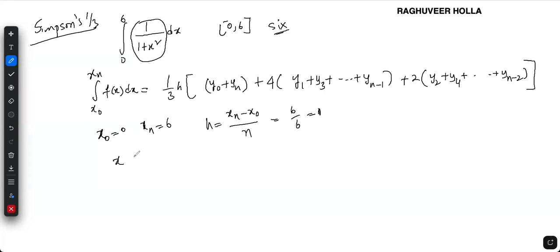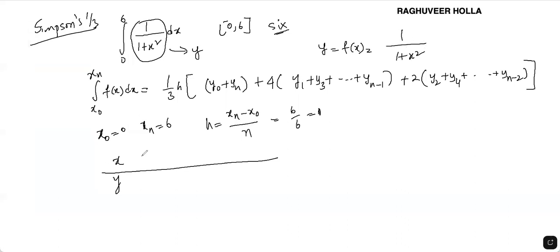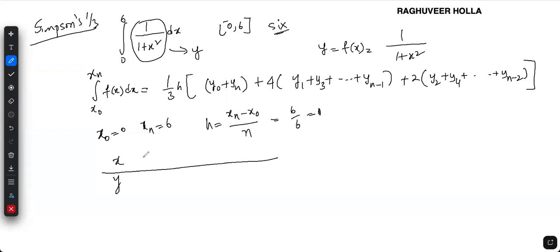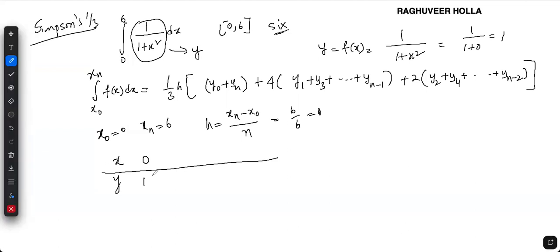So we'll write the following table corresponding to x, and y, which is the function of x, 1 by 1 plus x square. We'll substitute it. For x naught as 0, you substitute it here: 1 by 1 plus 0, which is 1. Please complete it quickly.